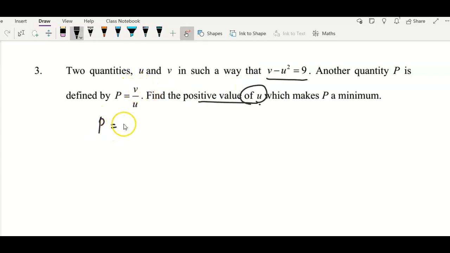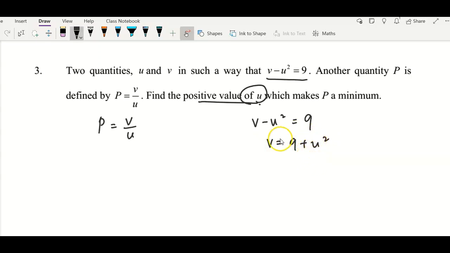So just write down the function P equals v over u, and I have another piece of information, v minus u squared equals 9. You need to remember that in the final answer we need to retain the u. So here I will find v in terms of u.